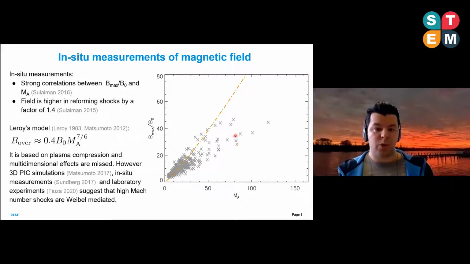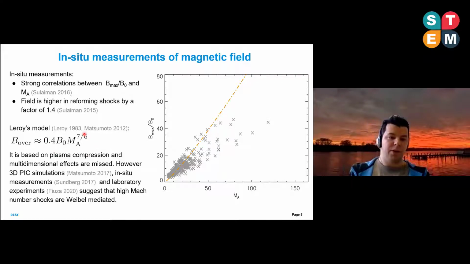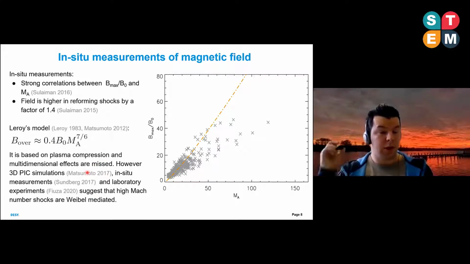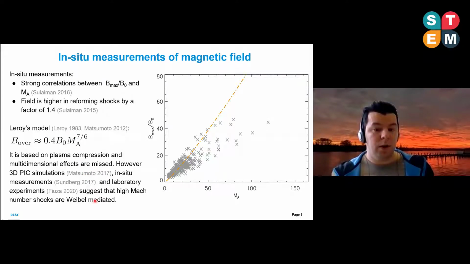But we see that it diverges at some point, which is not the worst thing, because essentially this model is based on plasma compression and misses a lot of things. At the same time, we know from 3D PIC simulations, from in situ measurements of the Earth's bow shock, and from laboratory experiments that these shocks are mediated by the Weibel instability, which I mentioned at the beginning of my talk.